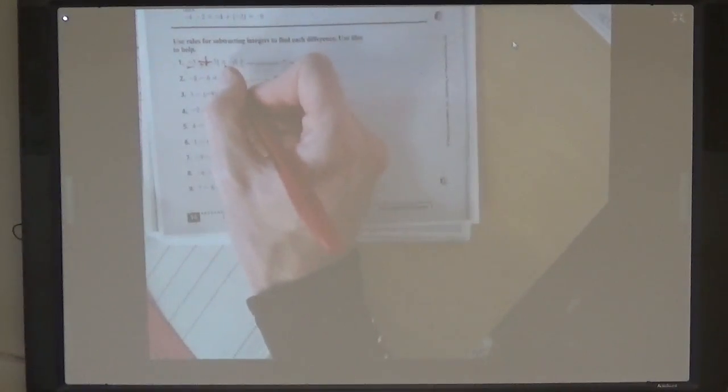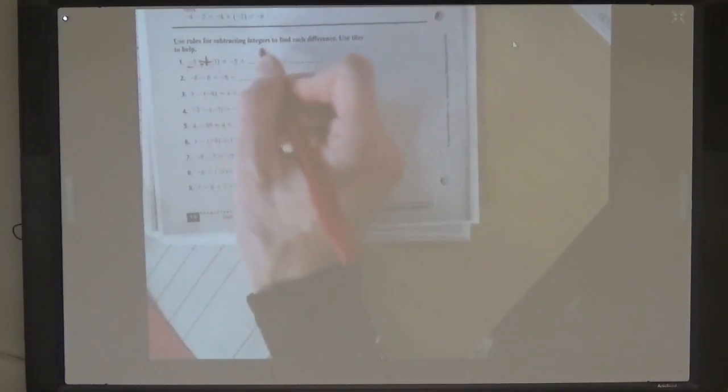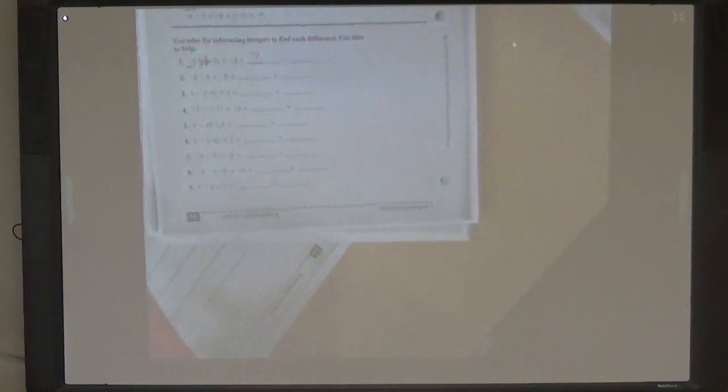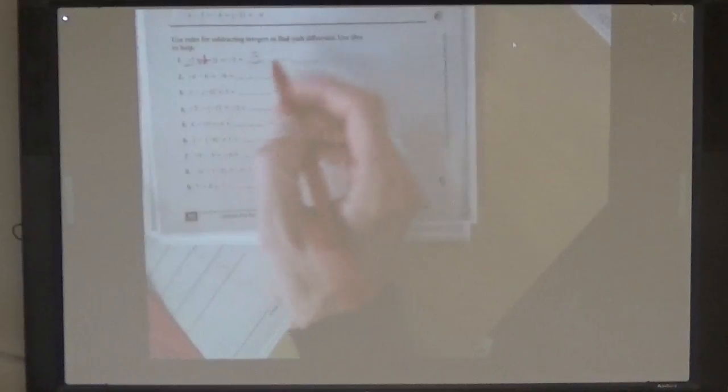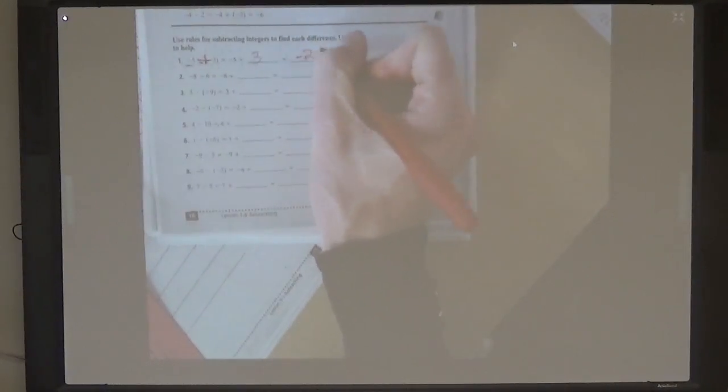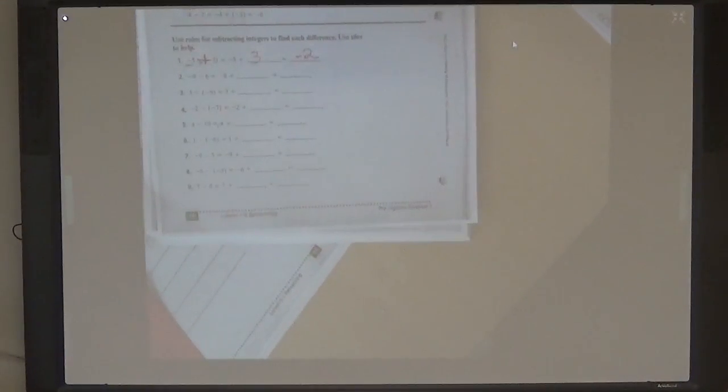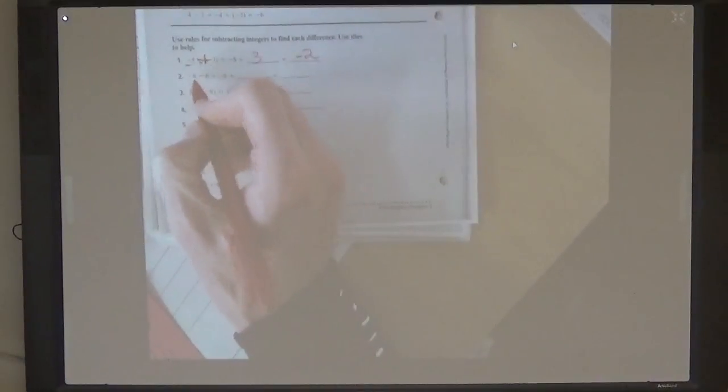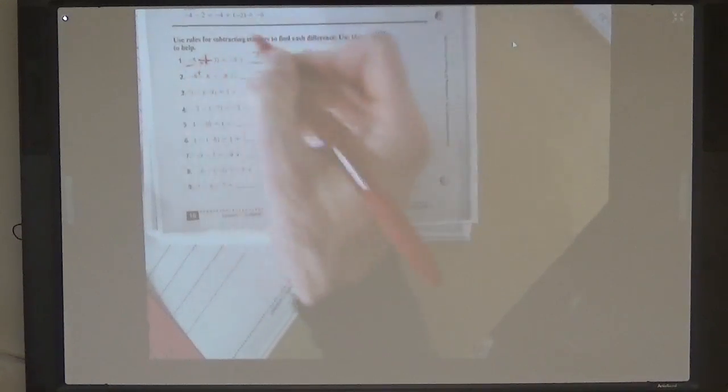So the problem becomes negative 5 plus 3. And then write the answer. It's negative 2.